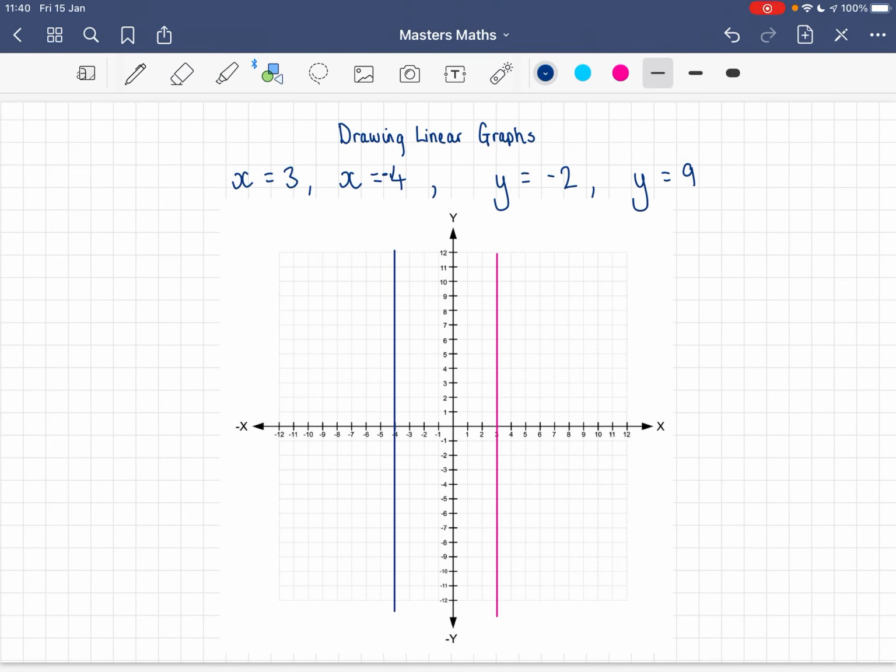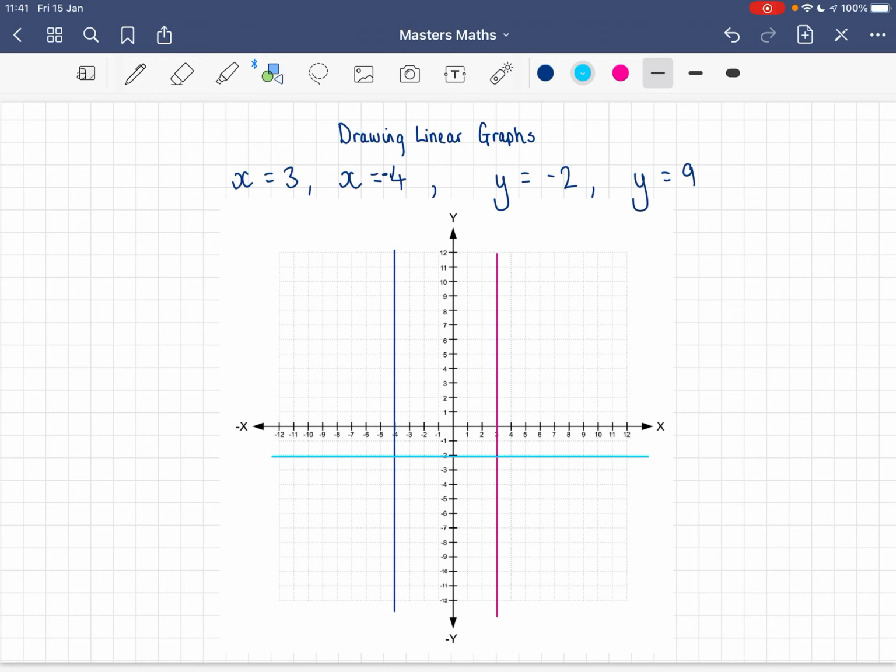Okay, that means y goes the opposite way. It goes horizontally. So y equals -2 is a horizontal line going through -2 on the y-axis. I'm going to use a different colour. So it would look like that. Now again, that means for every point on that line, the y value of the coordinate is -2.